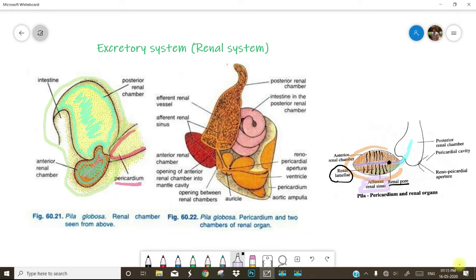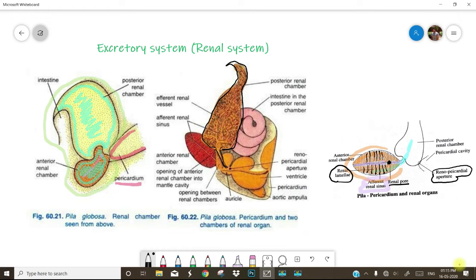And now if we are looking at the posterior renal chamber, look at this shape. It is a hook-shaped and larger structure, and it opens to the pericardium. See, there is an opening to the pericardium, and that opening is known as the renopericardial aperture. So the renopericardial aperture is the opening between the posterior renal chamber and the pericardium.